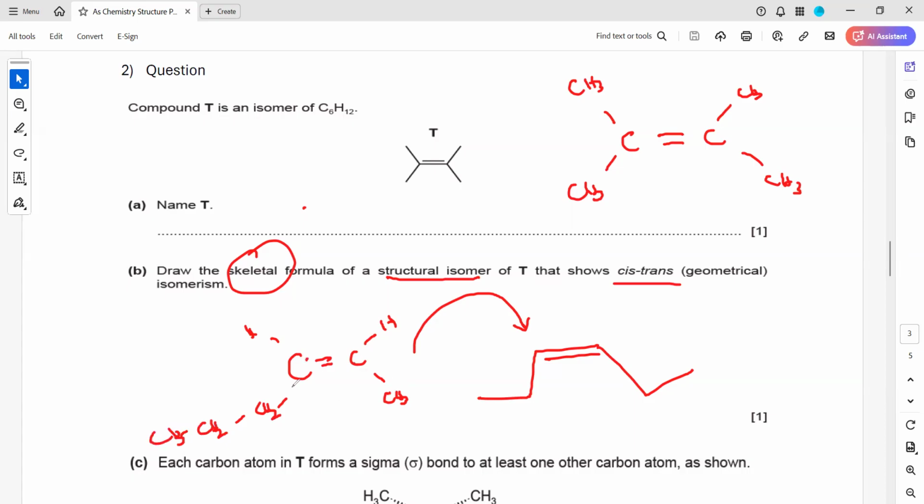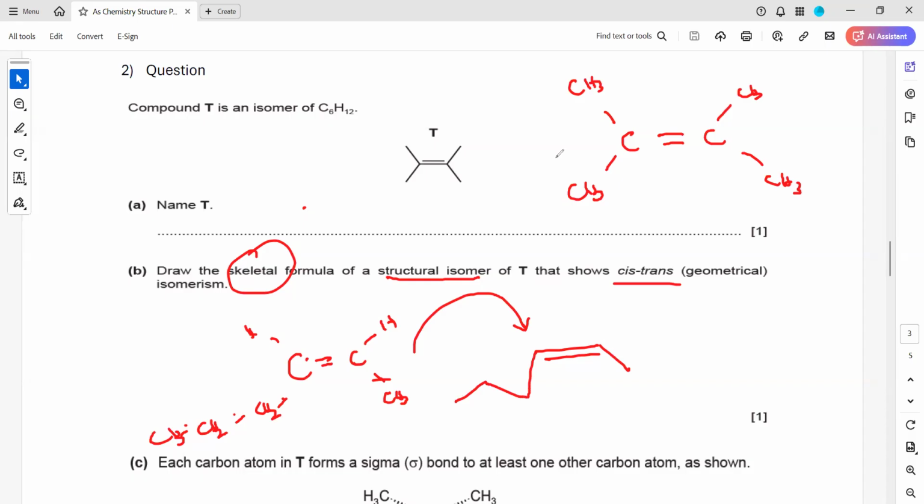So 1, 2, 3, 4, 5, 6. So I can just change this structure. I will have one carbon here and then one, two, three, four. So one, two, three, four, five, six.